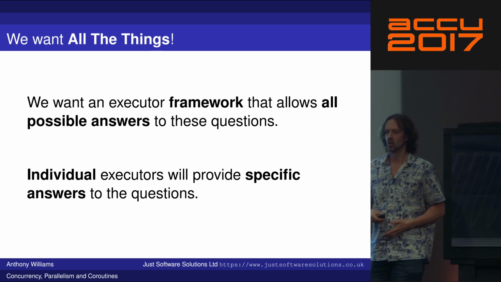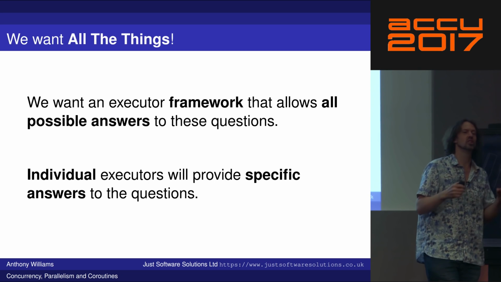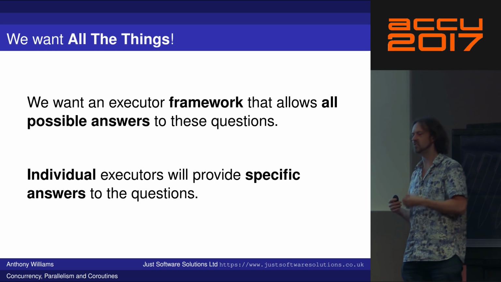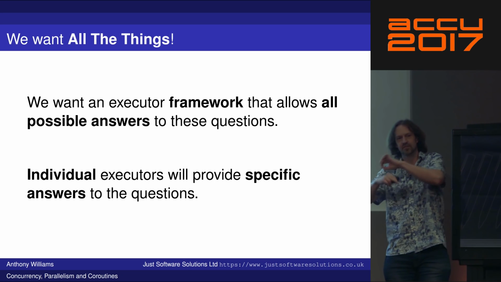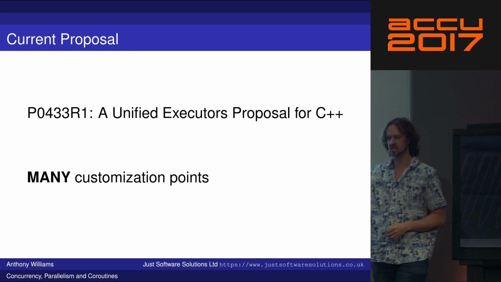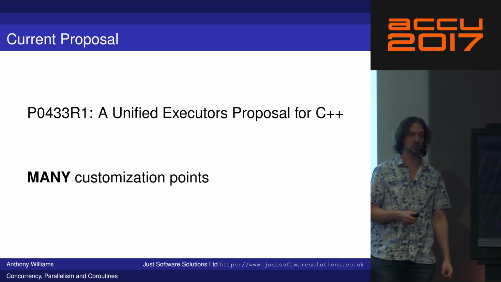All these things. So the idea behind the current unified proposal is that each individual executor provides its own set of constraints, but there is a framework that we can build them in. So this is the number. It's P0433R1. The R1 means it's in its second revision already.